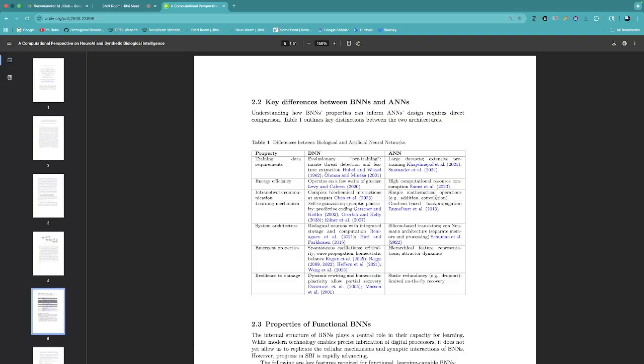The learning mechanisms. In biological neural networks, we have self-organization, synaptic plasticity, and predictive coding. In artificial neural networks, we have gradient-based backpropagation. This is the example to use from artificial neural networks. The idea is that artificial neural networks are optimized. They follow a gradient to learn things.